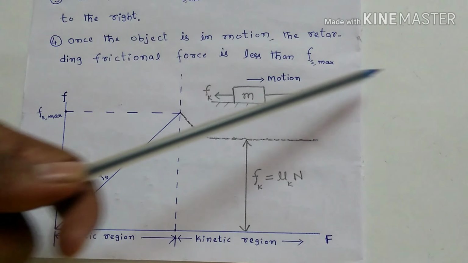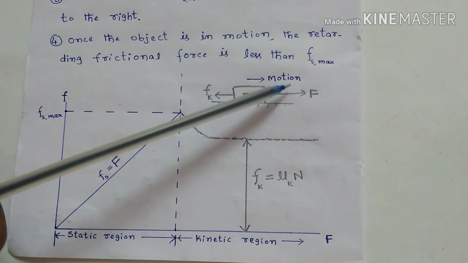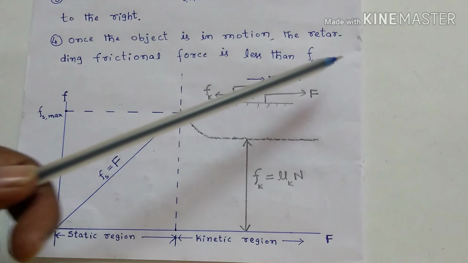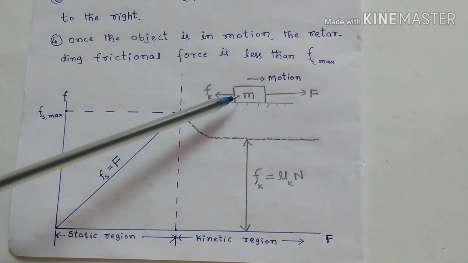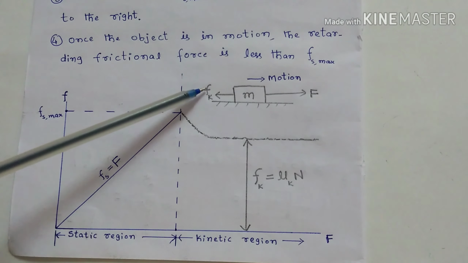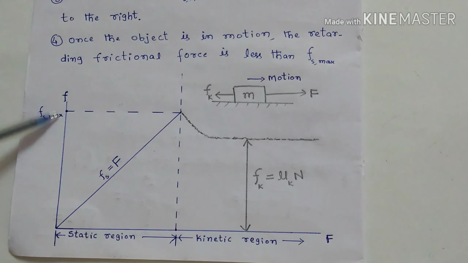That is why the object is moving along this direction. So the particle is in motion, moving along this direction, and there is a kinetic frictional force in the opposite direction. Okay, this Fk is less than Fs maximum. I hope you understand. In the next video, we will solve some problems. You will understand very clearly. Okay? Thanks for watching.